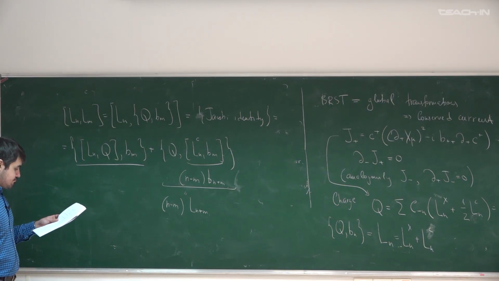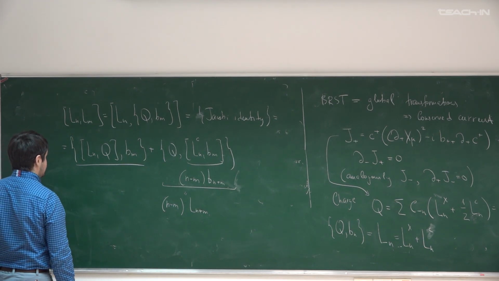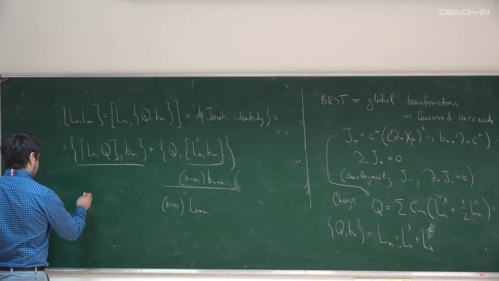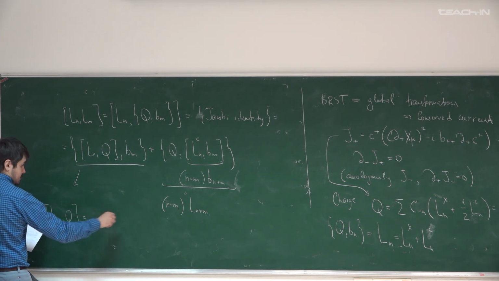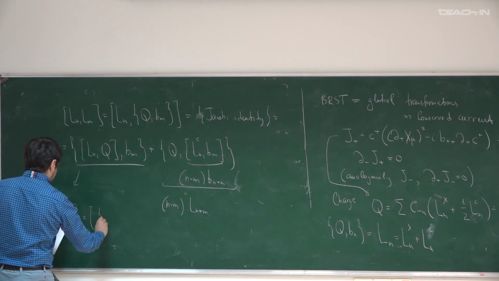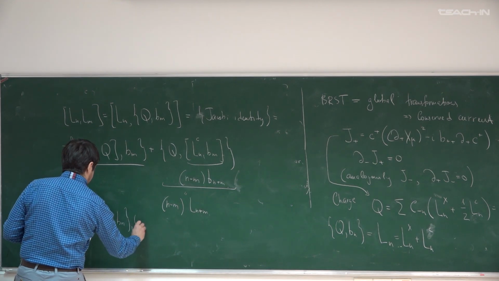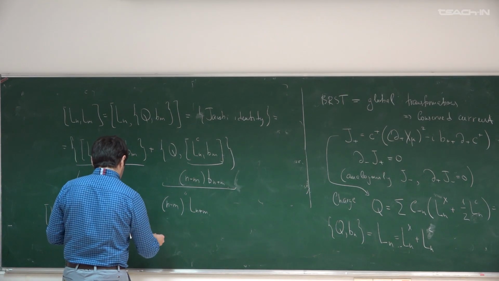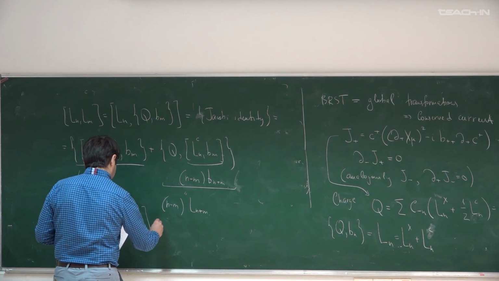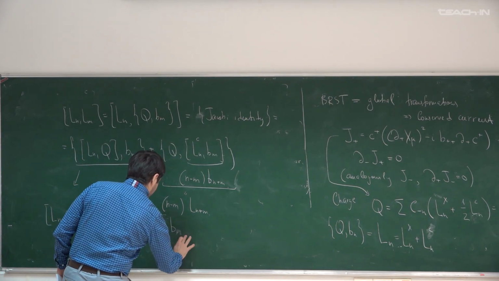And indeed, we can compute the commutator of Ln with Q. Again we use that expression, so this is the commutator of Q with Bn with Q, and so this is the commutator of Bn with Q squared.